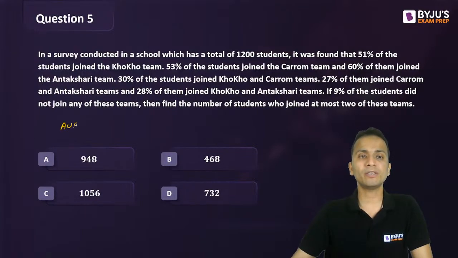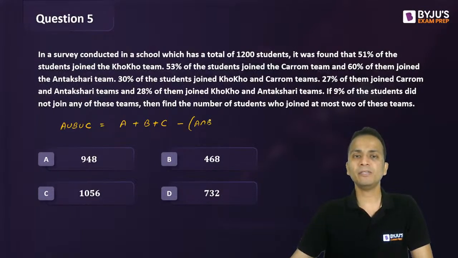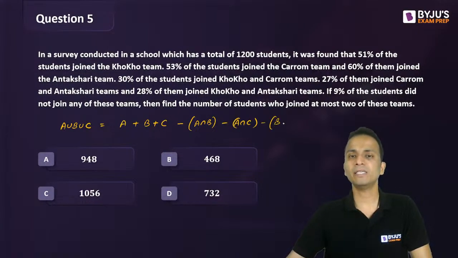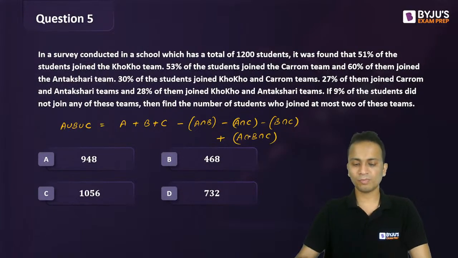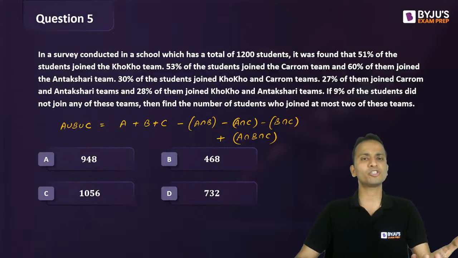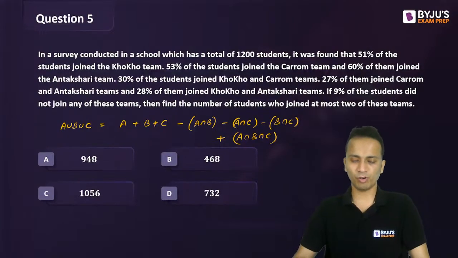So A union B union C is equal to A plus B plus C minus A intersection B minus A intersection C minus B intersection C, okay, then plus A intersection B intersection C. So I believe this question is the direct application of this formula.